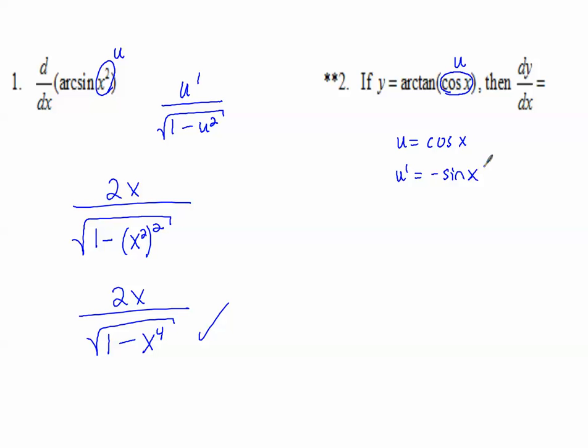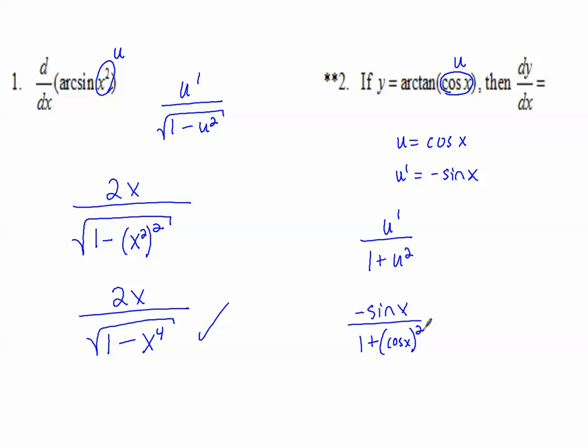If it helps you, and I recommend doing this, write down your formula for the derivative of the arctangent function. Our derivative of the arctangent function is u prime over 1 plus u squared. Now fill in with what we have. Negative sine of x is u prime, 1 plus cosine of x is the u, square it. There we go. We have it.